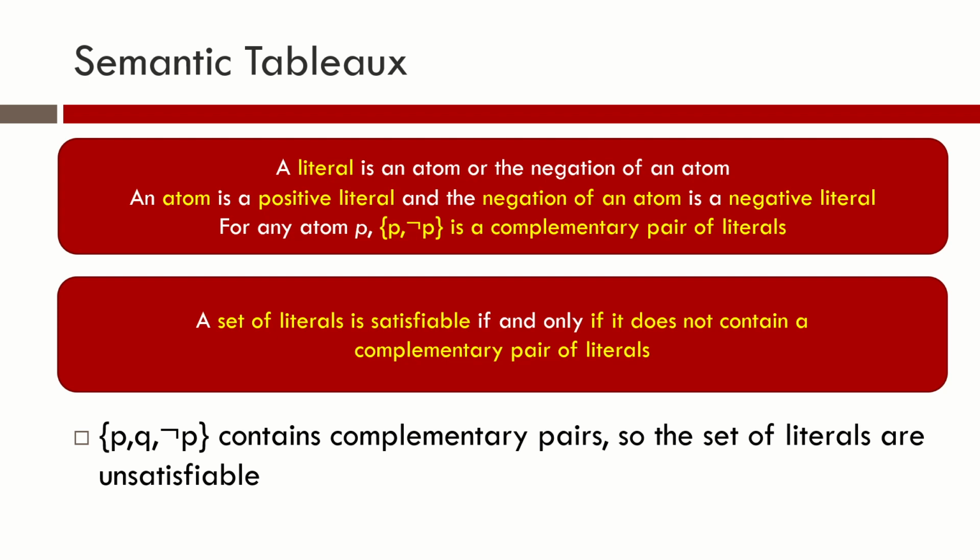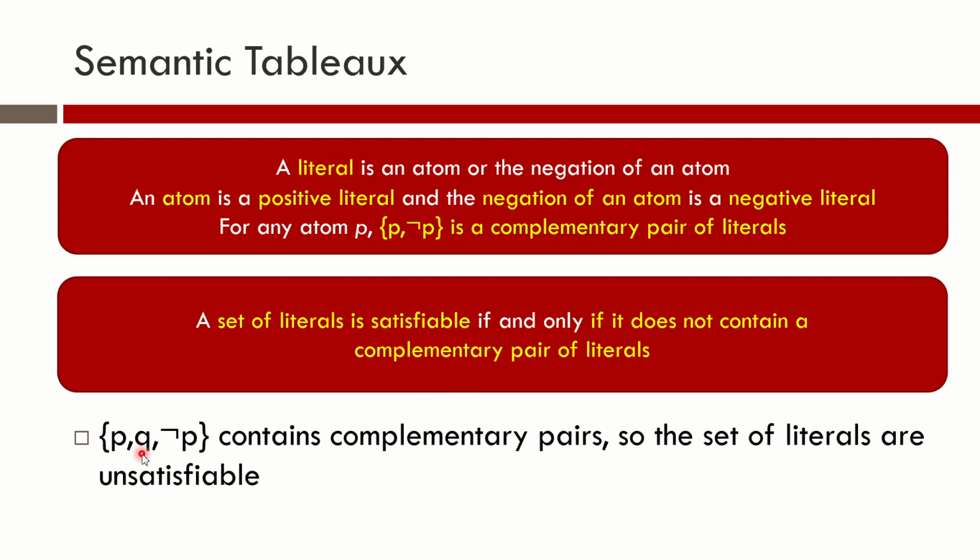For any atom P, the set {P, negation P} is a complementary pair of literals. And a set of literals is satisfiable if and only if it does not contain a complementary pair of literals.